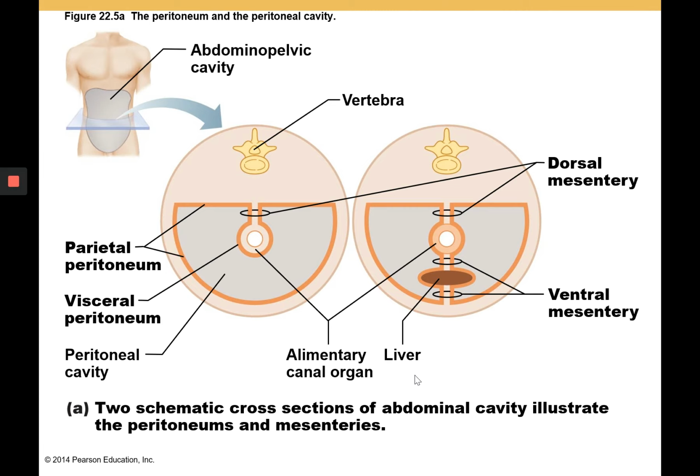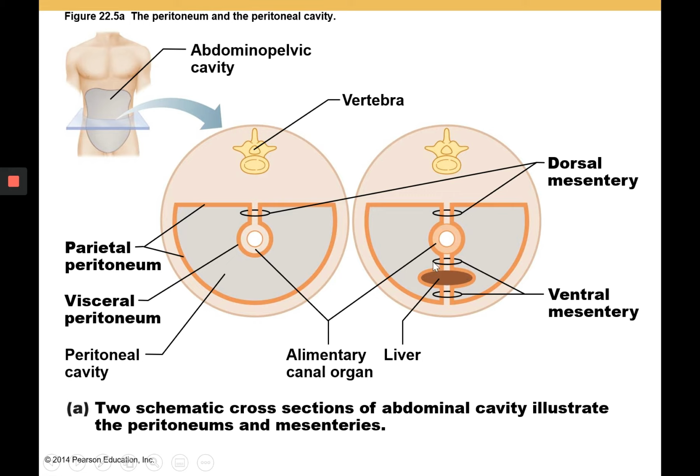Here we can see some examples of intraperitoneal organs, and the orange circle here is representing the visceral peritoneum that surrounds the abdominal pelvic organs. We have a space, the peritoneal cavity, and then we have the parietal peritoneum out here with the outer orange line. We can also see there's locations because of how the alimentary canal and accessory organs are organized where layers of peritoneum abut each other.